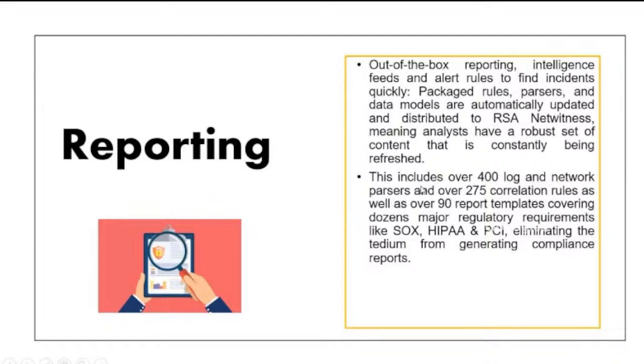It includes 400 log and network parsers and over 275 correlations, SOC compliance, HIPAA compliance, PCI compliance, and any other compliance or framework we have can also be implemented. But you should have internet connectivity to download those. That is the one condition.